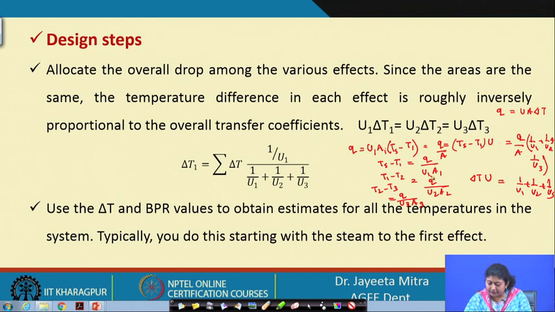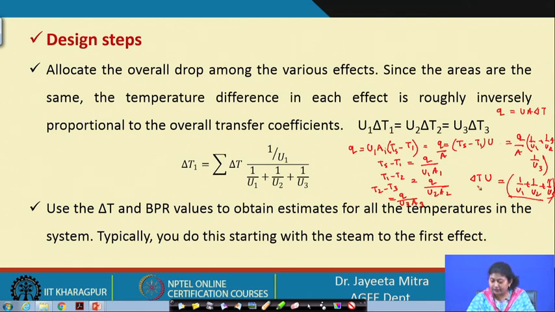What we have done is add all these temperature drops to find the total area, where Q equals UA delta T. So, the total UA delta T comes out equal to the summation of all the overall heat transfer coefficients.